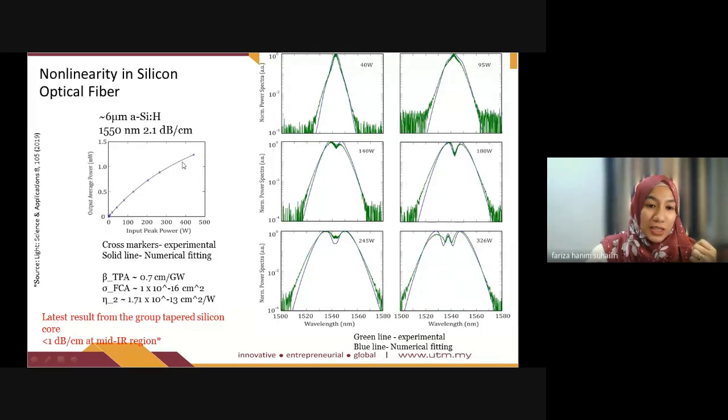We saw a saturation due to two-photon absorption, and then when we observe the spectral evolution on the OSA, we can see the broadening of the pulse due to self-phase modulation at 326 watts. This is the peak power from your pulse. By fitting the result with the numerical simulation, we got important values related to the nonlinear properties of the optical fibers. So that's what happens in hydrogenated amorphous silicon fibers.